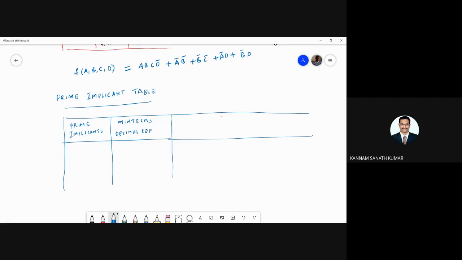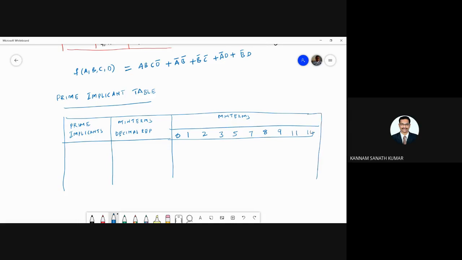These are the min-terms. So what are the min-terms you have? 0, 1, 2, 3, 5, 7, 8, 9, 11, and 14.